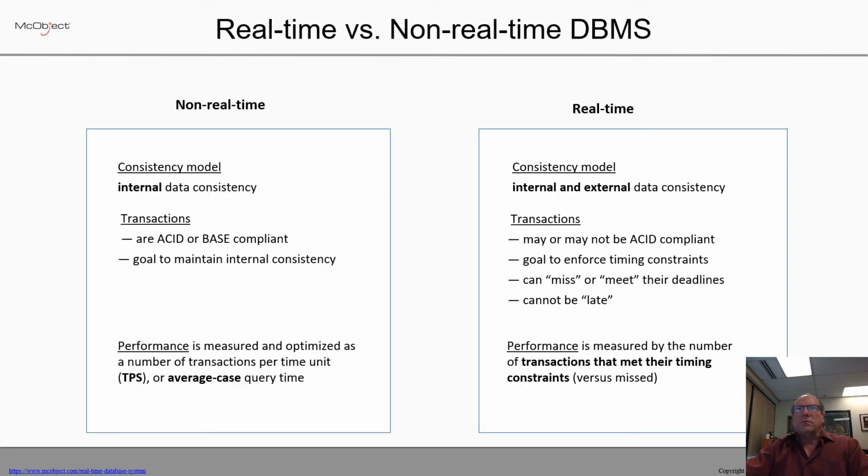To summarize, non-real-time database systems usually enforce internal consistency. There's some exceptions. 2 alternatives to ACID are BASE and the CAP theorem. BASE is an acronym for basically available, soft state, eventually consistent. The CAP theorem stands for consistency, availability, and partition tolerance, and the theorem holds that in a system that implements the CAP theorem, you can have any 2 properties, but never all 3 properties.